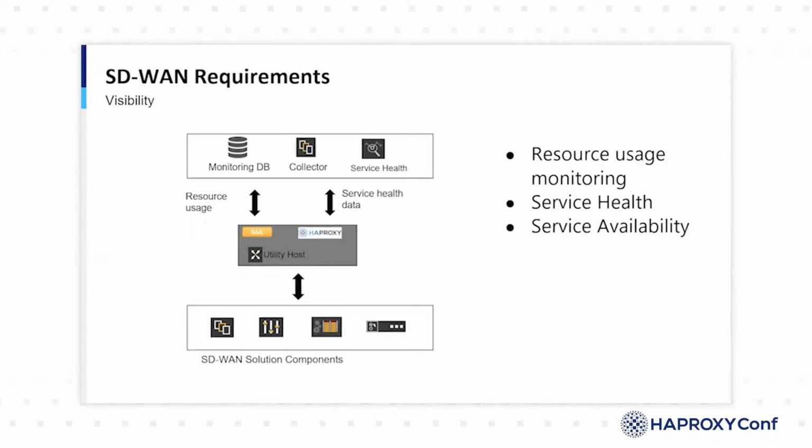Okay, so we talked about load balancing, and that it needs to be done at high session scale and high performance. So let's dig a little bit deeper into that.